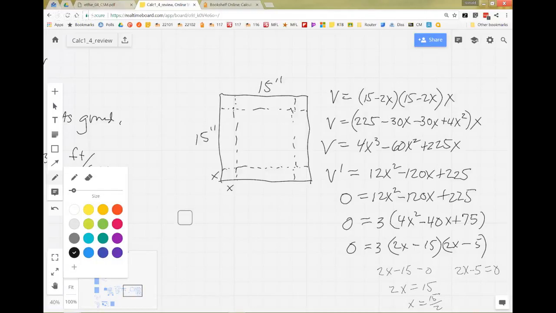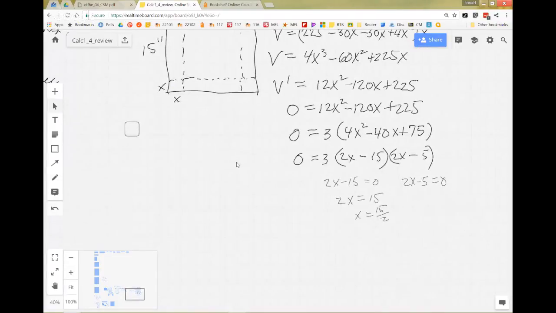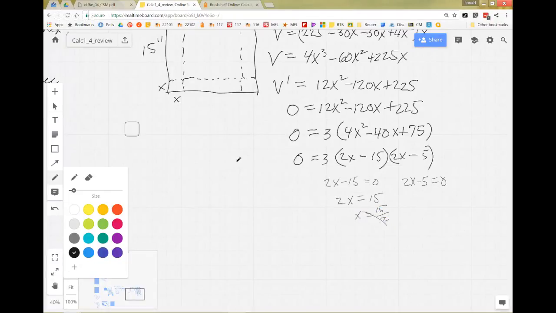Because if you cut 7.5 out of each corner, you will have no bottom left. So even though algebraically that's correct, we're going to reject that. So there it is. 2.5 inches is the ideal for what to cut out of that.